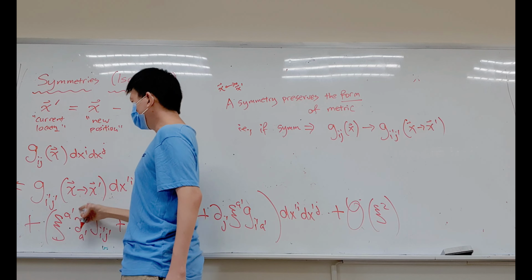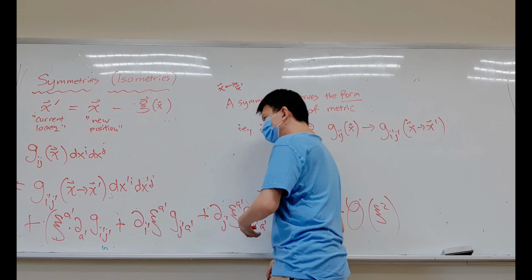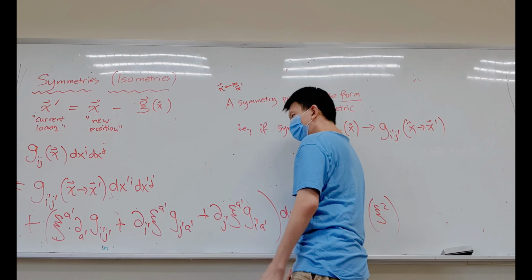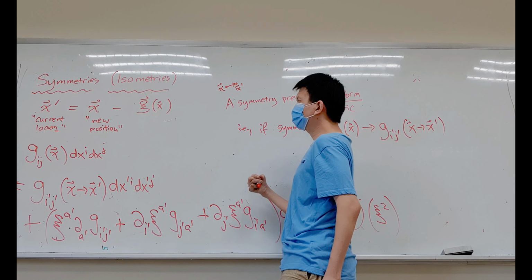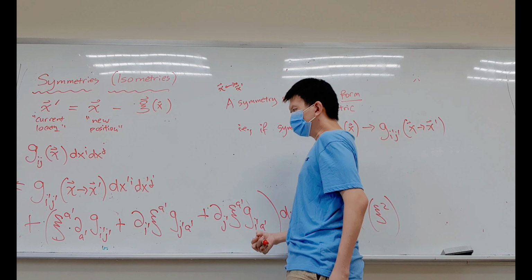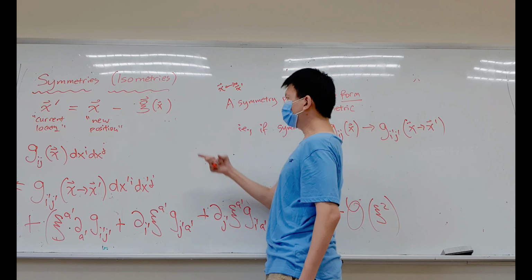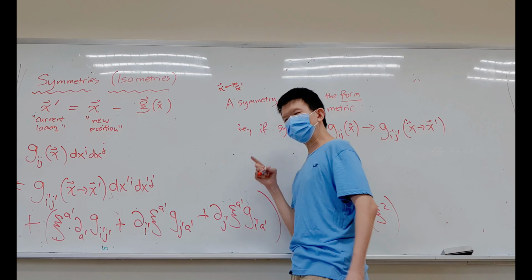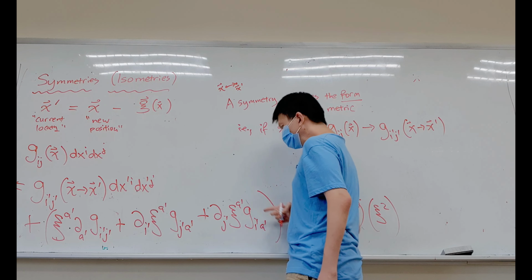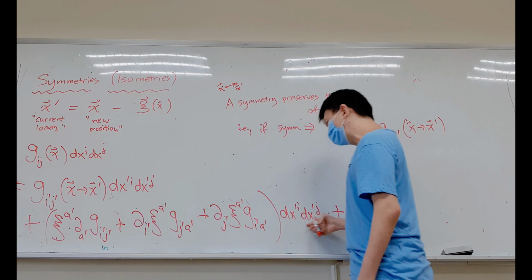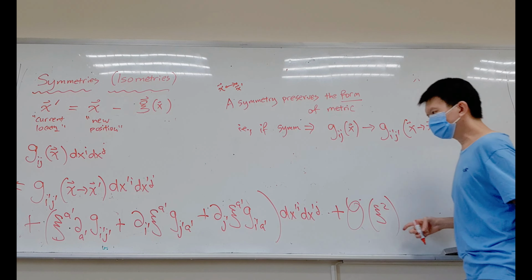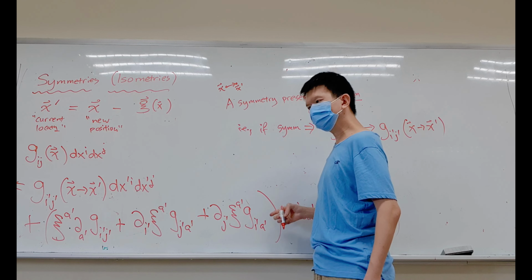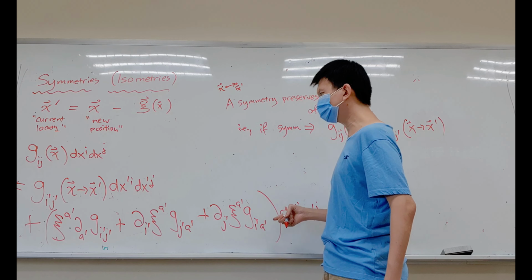That's exactly what's happening. But then there are corrections to this answer coming from C, which is to allow us to generate new coordinate transformations through this infinitesimal displacement. What that means is that if we want a symmetry, we want this term to be zero. We want the higher terms to be zero as well. But certainly a necessary condition is that you need at least the first term to be zero.